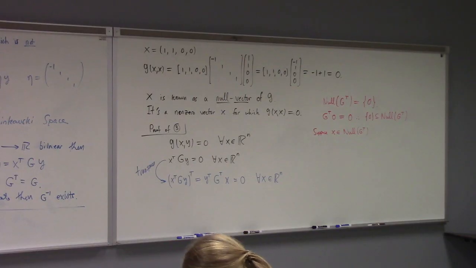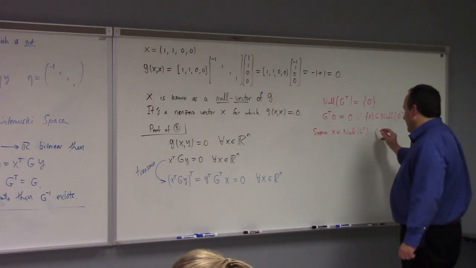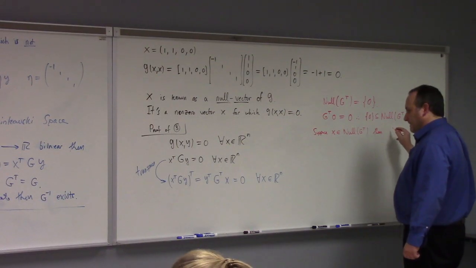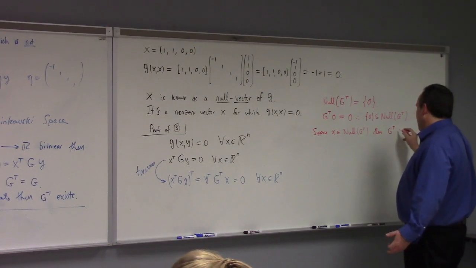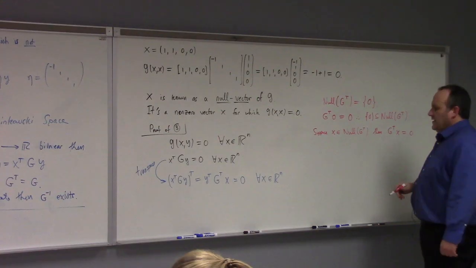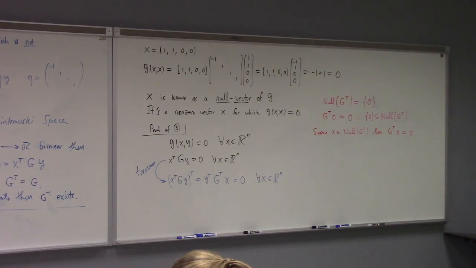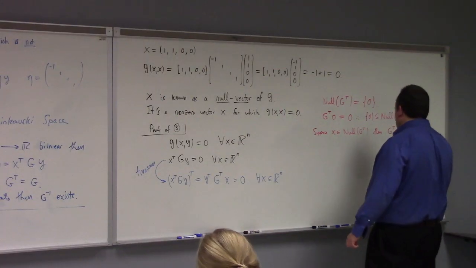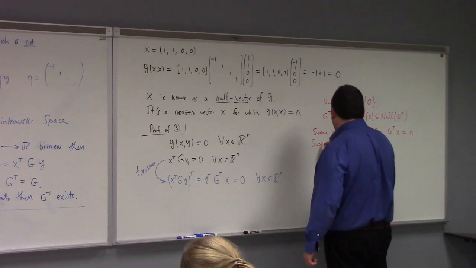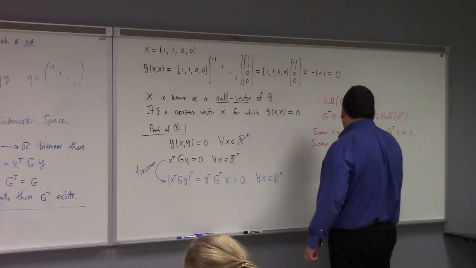Okay, 0 is definitely in there, that's fine. So I need to go the other way. X is an element of that. I'd like to show that X has to be 0, right? Well, I just get G transpose X is equal to 0. I feel like this is probably a contradiction argument. Let's try contradiction here. Suppose X is not equal to 0.